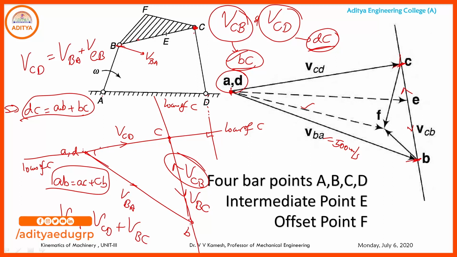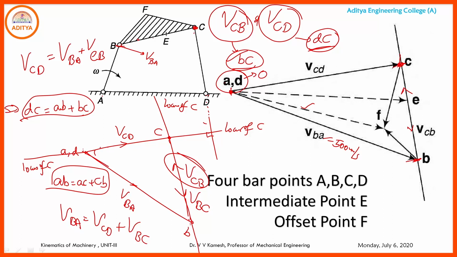It is ridiculous because A and D are fixed points. So, even for the calculation part or text matter, velocity of A and D, they are 0. With reference to any other point, if it is a reverse in this direction, we need to cancel this.